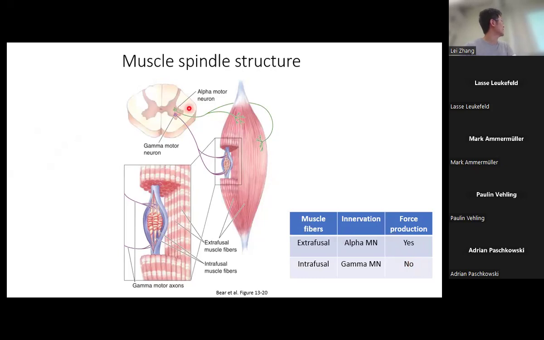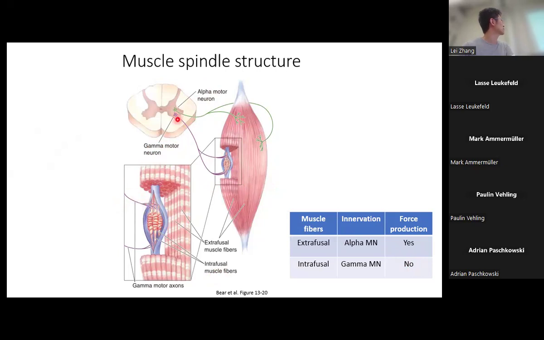The alpha motor neuron innervates extrafusal muscle fibers, and there is another type of neuron called the gamma motor neuron that innervates the intrafusal muscle fibers. As we see here, this motor neuron terminates on the ends of the intrafusal muscle fibers. And then you may ask, what is this for?